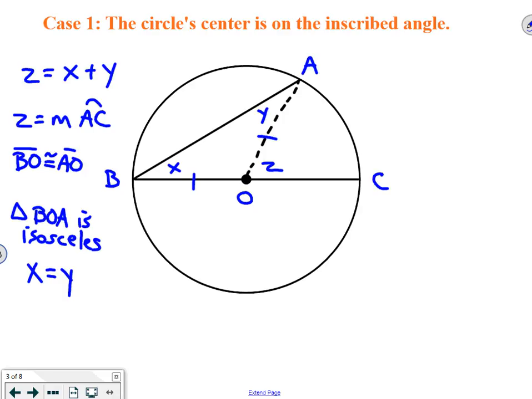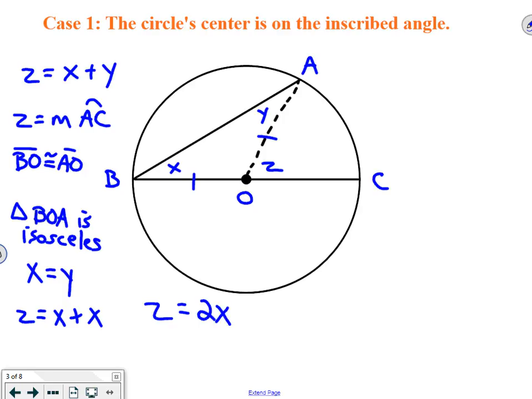So since z equals x plus y, and x equals y, we can substitute x for y and have z equals x plus x. Then, with simple algebra, that means z would equal 2x by combining our like terms.